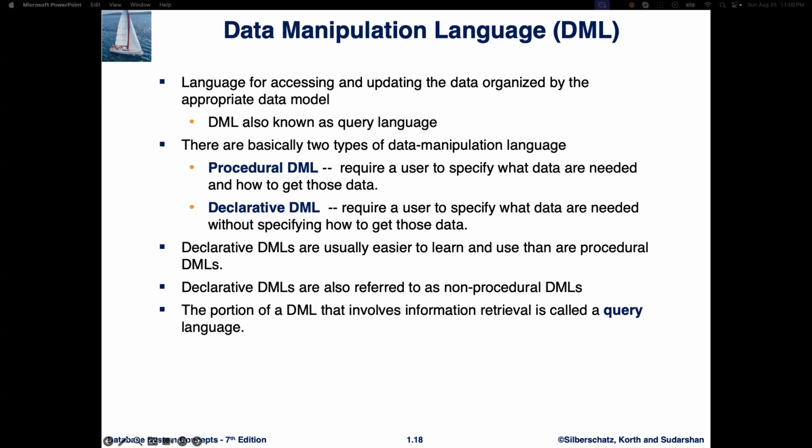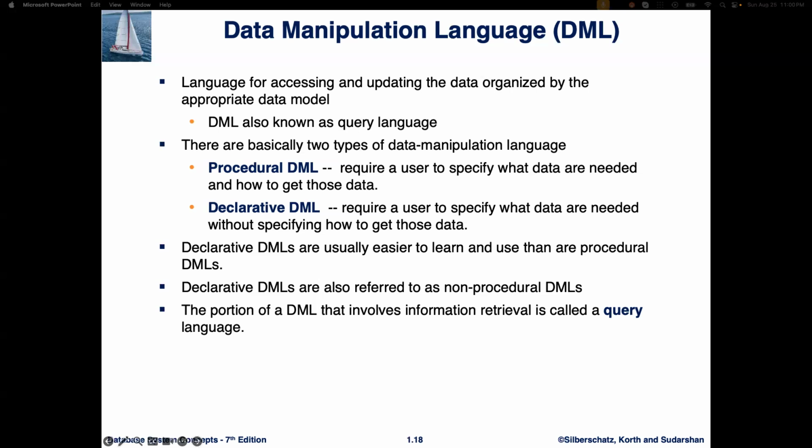Declarative DML requires users to specify only what data is needed, without detailing the steps to get the data. It focuses on the result rather than the process. Declarative DMLs are easier to learn and use. Declarative DMLs, also called non-procedural DMLs, are more user-friendly because they abstract the complexity of how the data retrieval is performed, making it simpler for users to interact with the database.